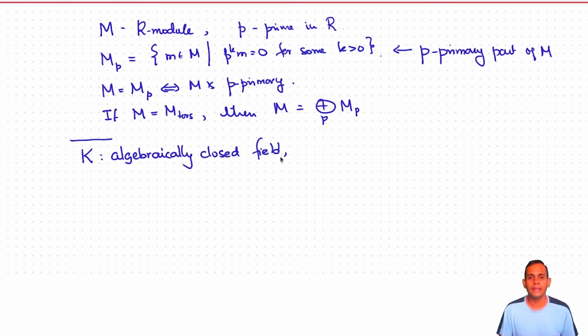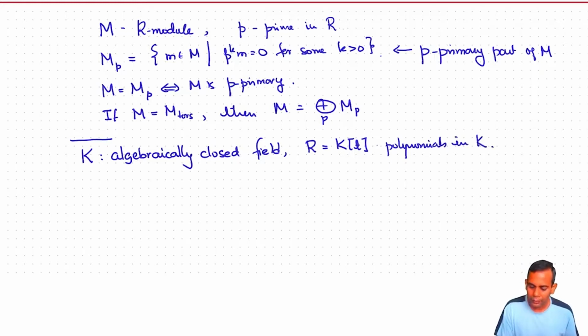And the ring R in this case, the relevant ring R, is the ring of polynomials in K. So what are the prime elements of the polynomials in K?